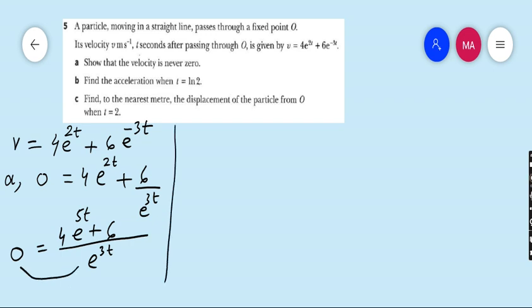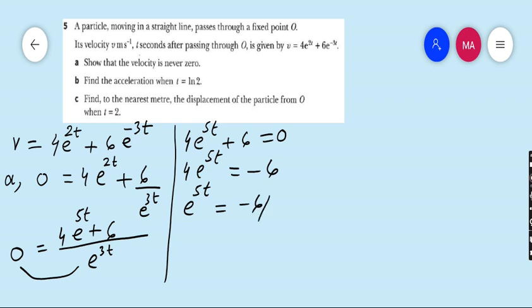This e^(3t) must be multiplied by 0, so it equals 0. 4e^(5t) plus 6 equals 0. 4e^(5t) equals minus 6. e^(5t) equals minus 6 upon 4. e^(5t) equals minus 3 upon 2.